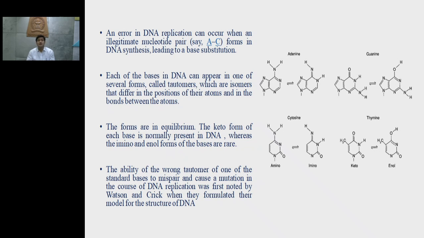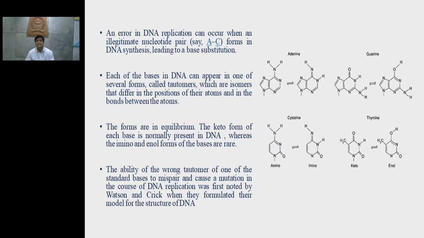This can occur due to tautomeric shift, because DNA polymerase recognizes its normal nucleotide base, but that base actually forms its tautomer, or a tautomeric form. Tautomeric forms are analogous forms of the same nucleotide base.